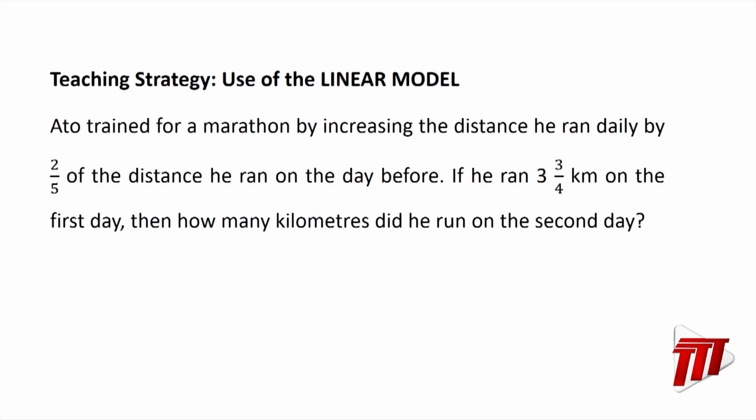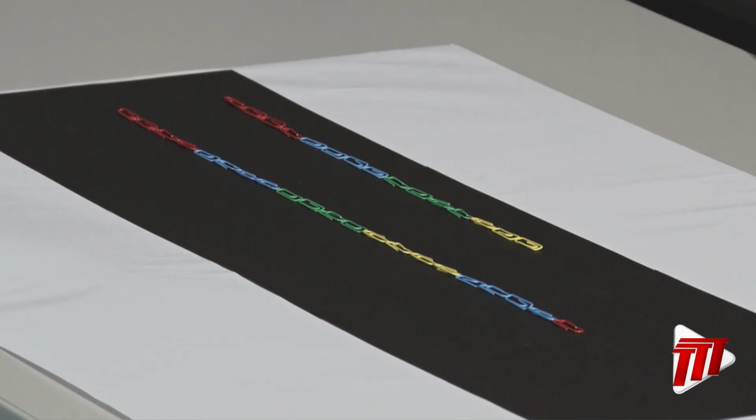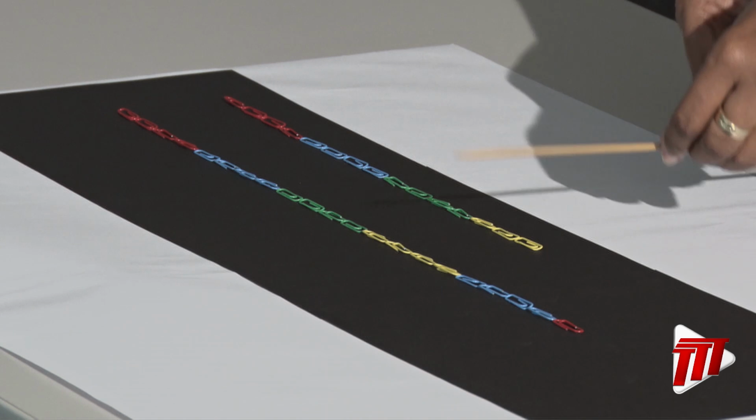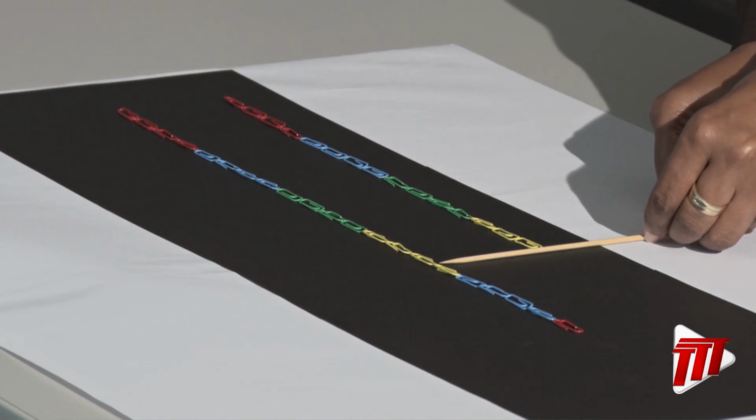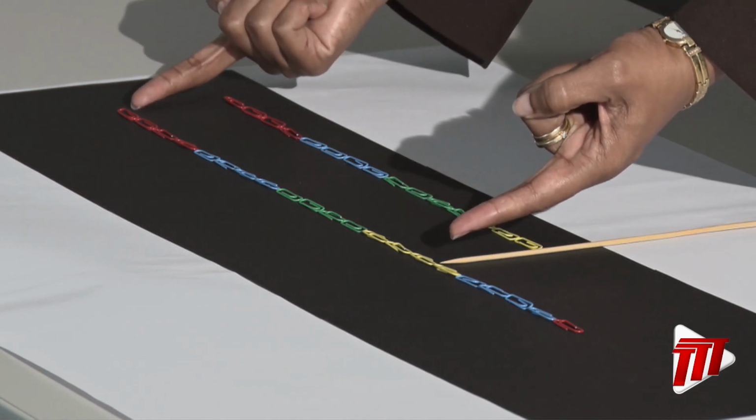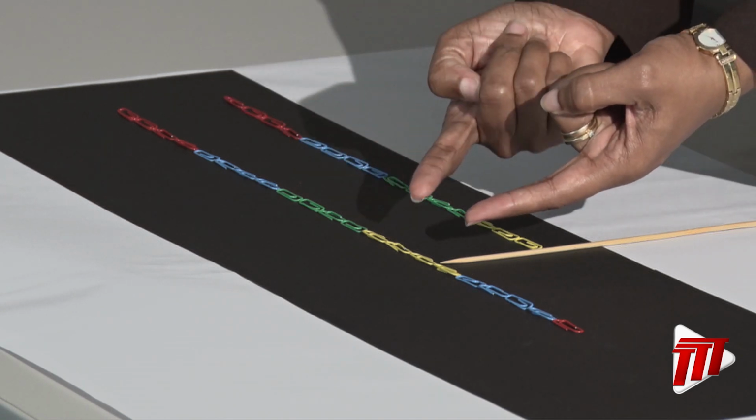Let's look at our problem again. Atto trained for a marathon by increasing the distance he ran daily by 2/5 of the distance he ran on the day before. If he ran 3.75 kilometers on the first day, then how many kilometers did he run on the second day? Let's put our two lengths together. We can see 3.75 kilometers.